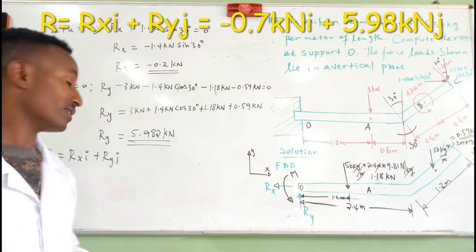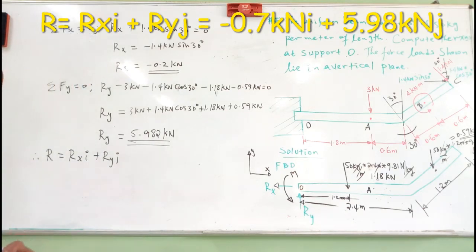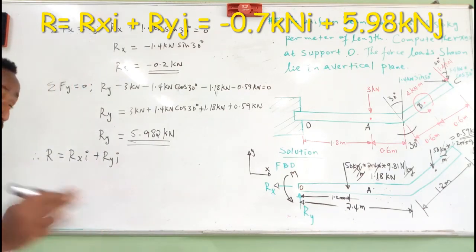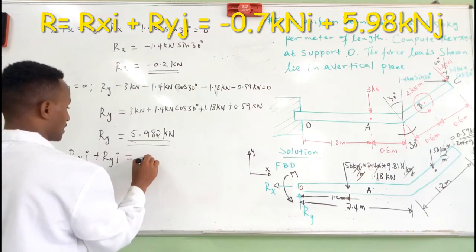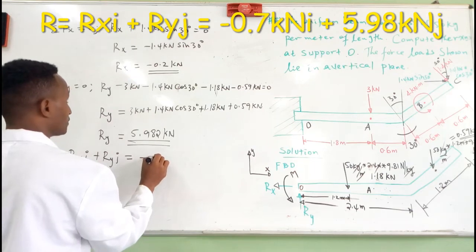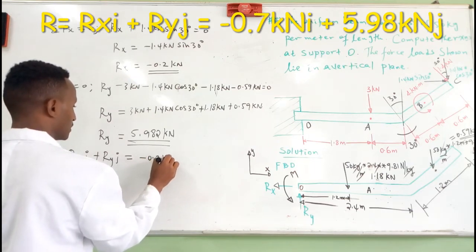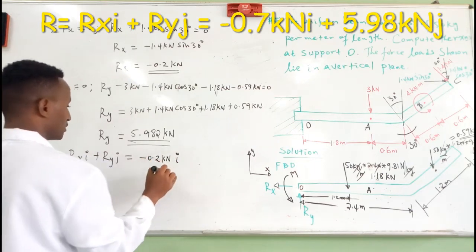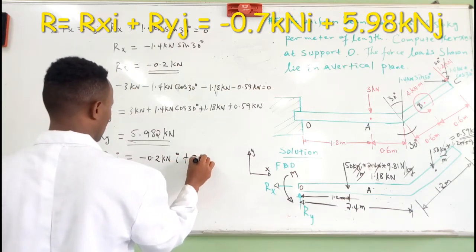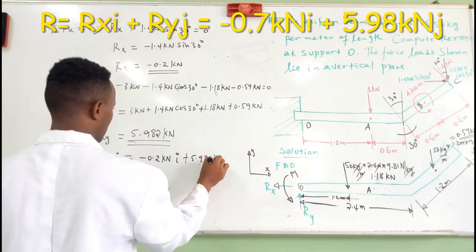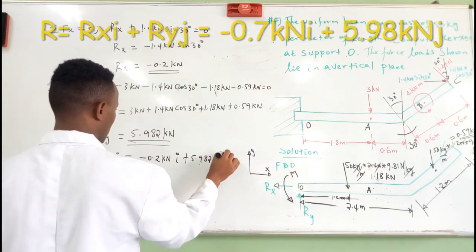When we write, we will write it that way. You will read it that way. So it becomes negative 0.2 kilonewton along i direction plus 5.982 kilonewton along j direction.